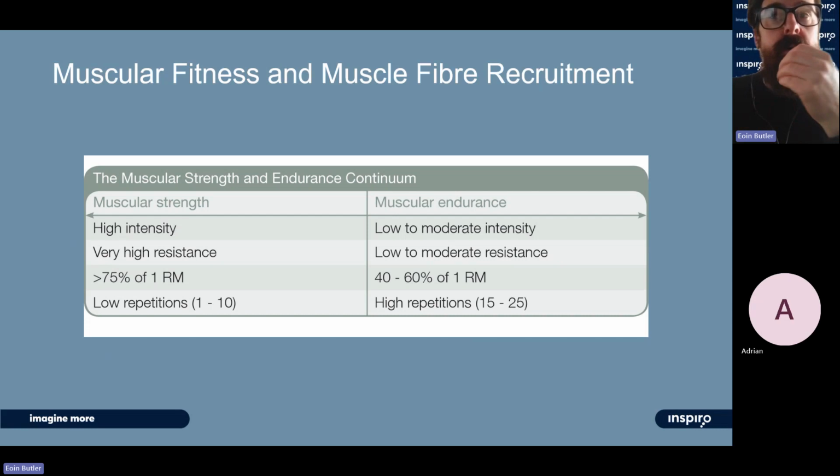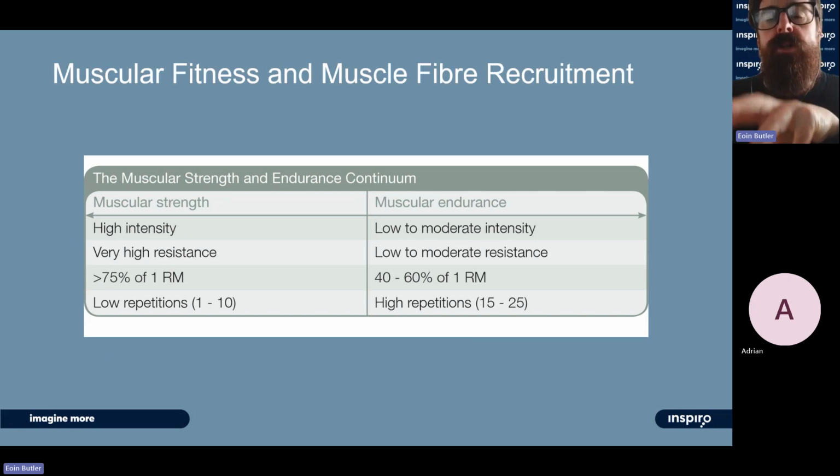That needs to be above 75% of 1 rep max. Our repetitions then need to be low, between 1 and 10. I'll come back to this in a second. For muscular endurance, low to moderate intensity, low to moderate resistance, so light weights. We're looking at 40 to 60% of 1 rep max, and we need our repetitions to be high, between 15 and 25.